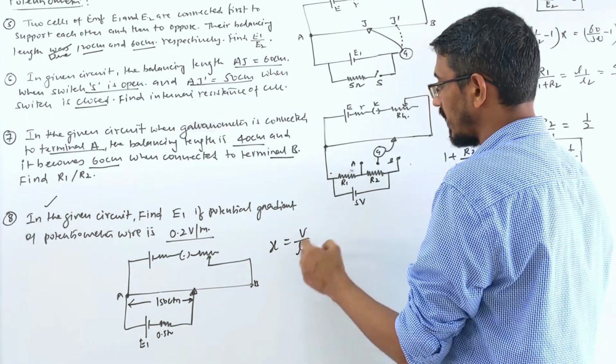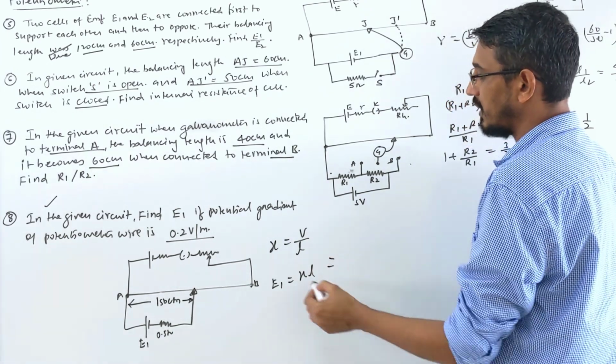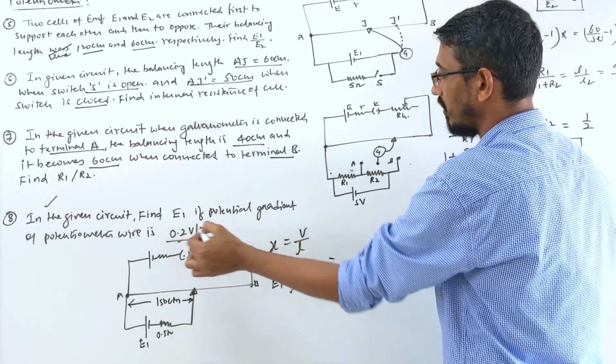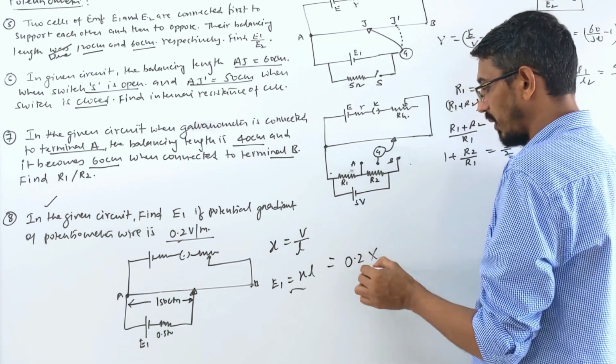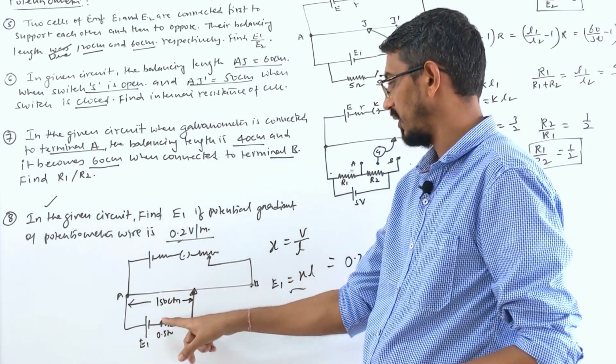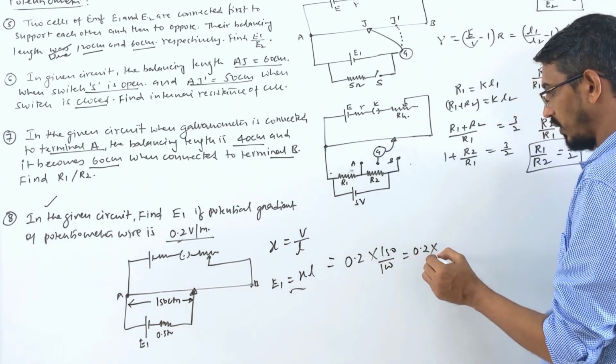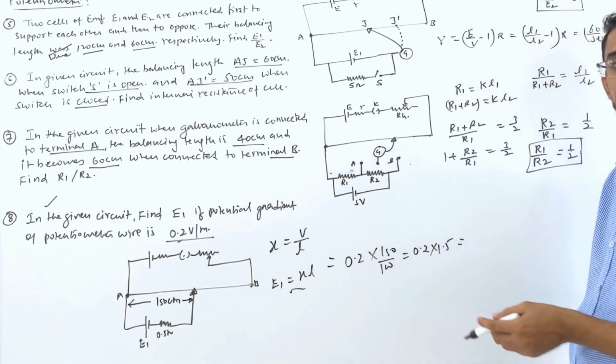So E1 is simply equal to X into balancing length directly. X, potential gradient, is given 0.2 volt per meter, length is given 150 centimeter, meter here, given centimeter, so 150 by 100, so 0.2 into 1.5, that should be your answer.